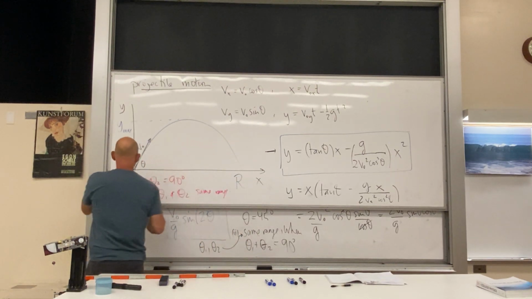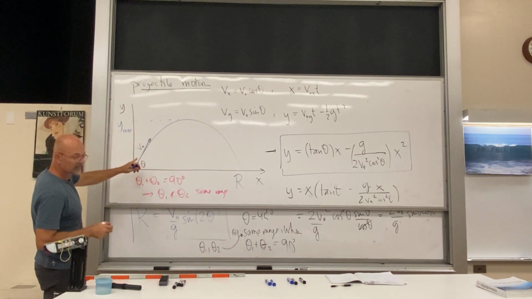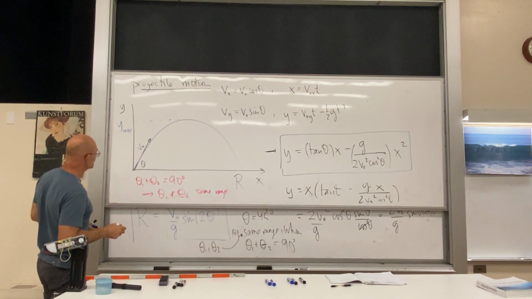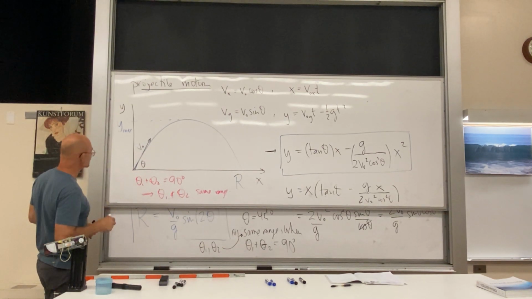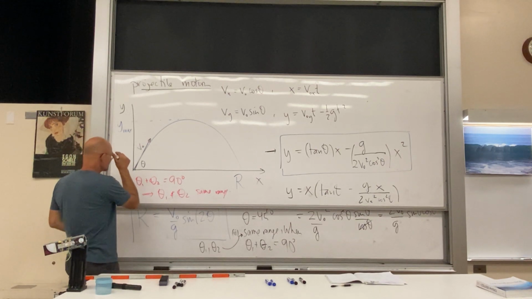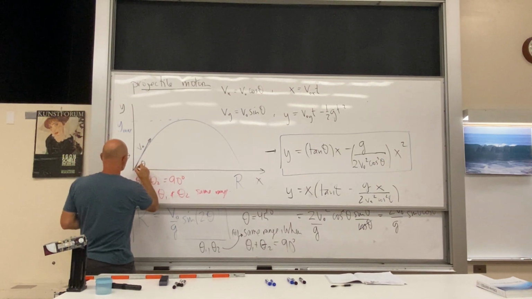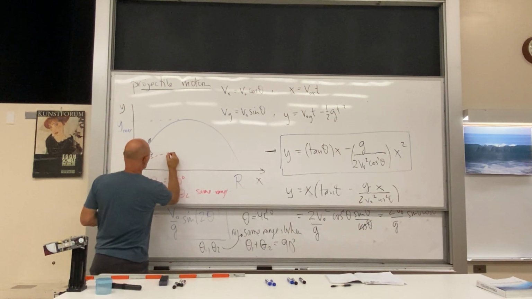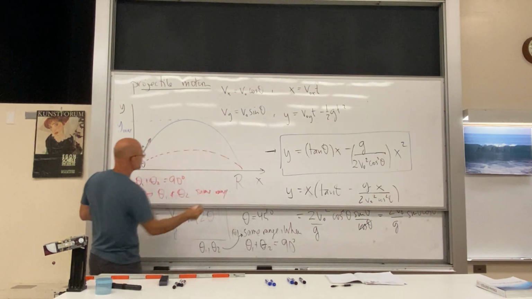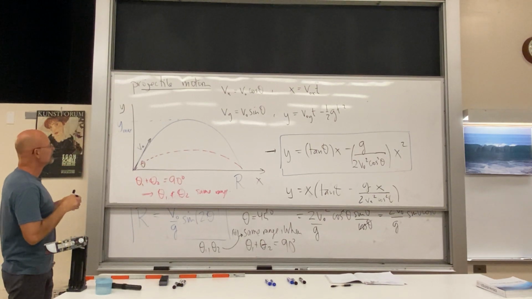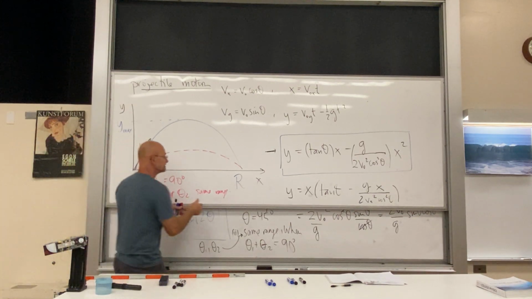Now, I'm just going to have to estimate this one. This looks like it's about 65, so we would be looking at 25 degrees. Okay, 65 and 25 is 90. You have a flat one and a steeper one. Complementary angles.